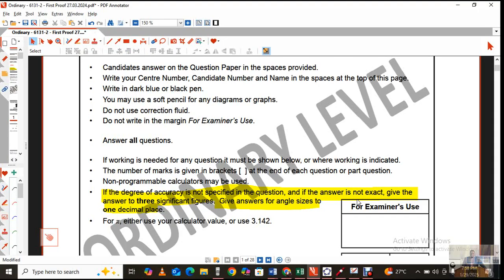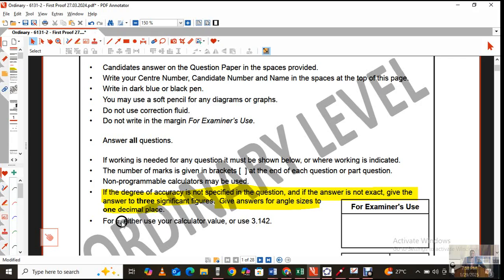But when an answer continues, like a recurring decimal, this is where you now give your answer to 3 significant figures. When you deal with angle sizes, for this particular level, you give your answer in degrees to 1 decimal place.